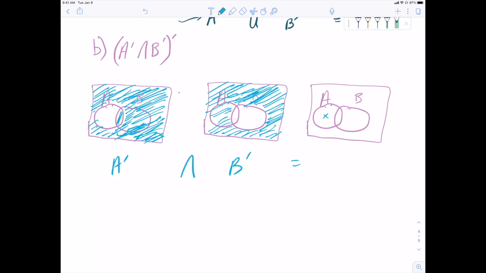The middle section is not included in both pictures, so that's out. And B is not included in both pictures. So the only thing that is included, A prime intersects B prime, is everything that's outside. So that's the only part that we're going to shade. So that's A prime intersect B prime. All right, we'll stop there. Hopefully that helps.